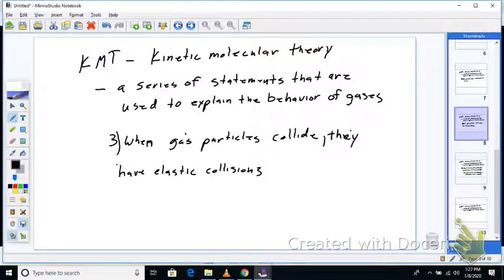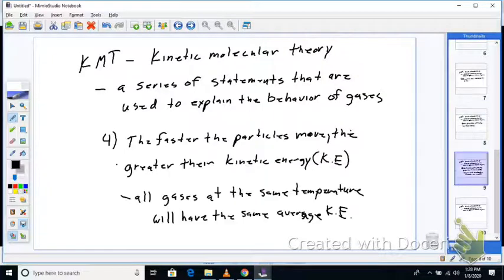They don't lose their energy compared to other bigger things. And that's the last one I'll have you write down. The faster the particles move, the greater their kinetic energy.